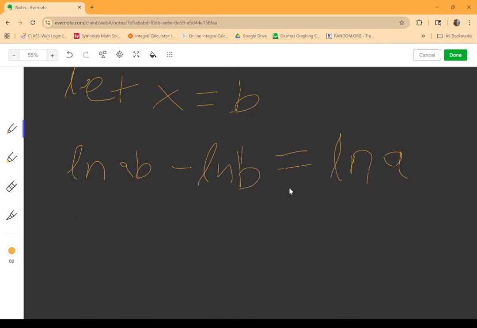And rearranging, bringing the b over to the other side, we get the property that we're familiar with: ln of ab equals ln of a plus ln of b.